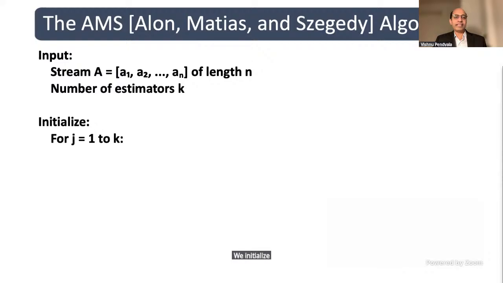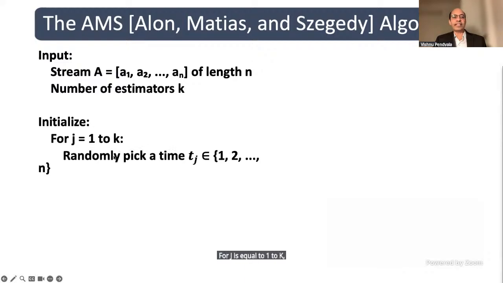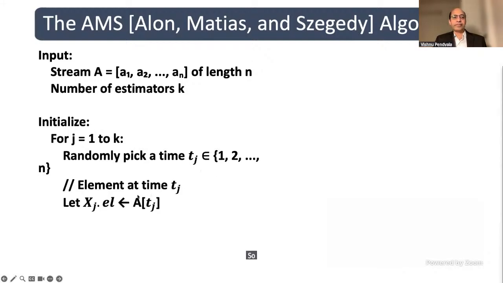What is the initialization step? For j equal to 1 to k, we choose randomly a timestamp in the stream, and keep track of the element at that timestamp. So we pick and keep track of a number of elements in the stream, right?